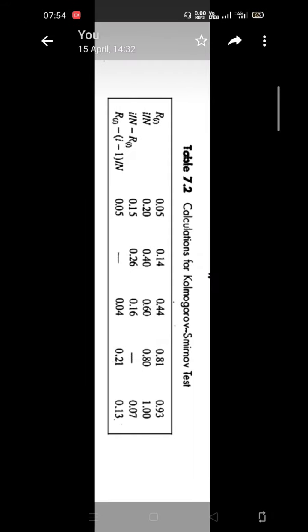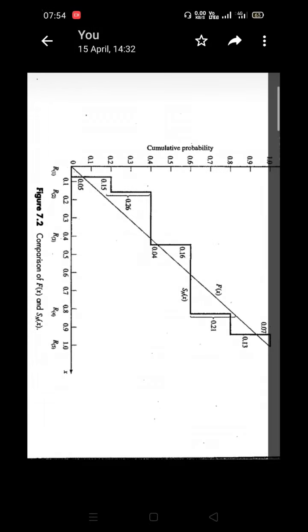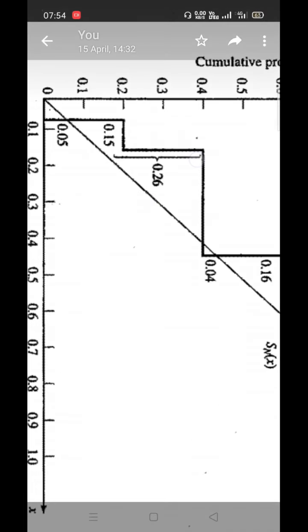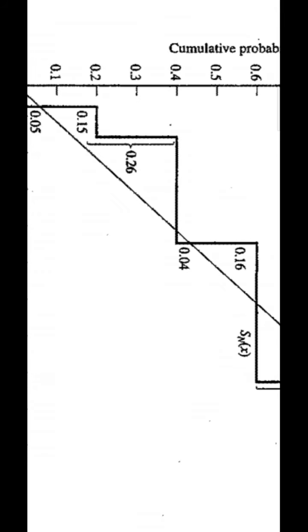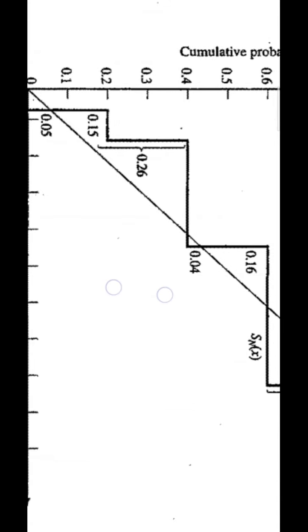And for the second, please observe, there is no value generated. Actually a negative value was generated, we ignored it and put a dash mark. No value is generated with respect to d minus, only d plus we have as 0.26. That is the displacement point to be taken. Here to here the displacement point will be 20, plus the remaining should be added while plotting the straight line from the origin.